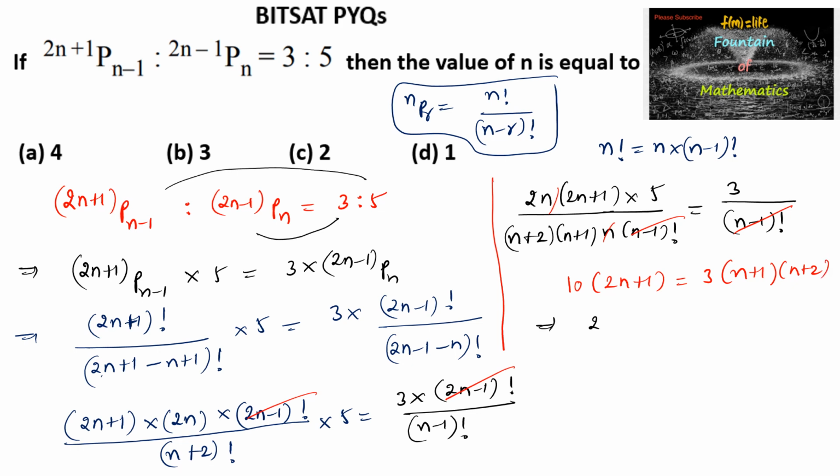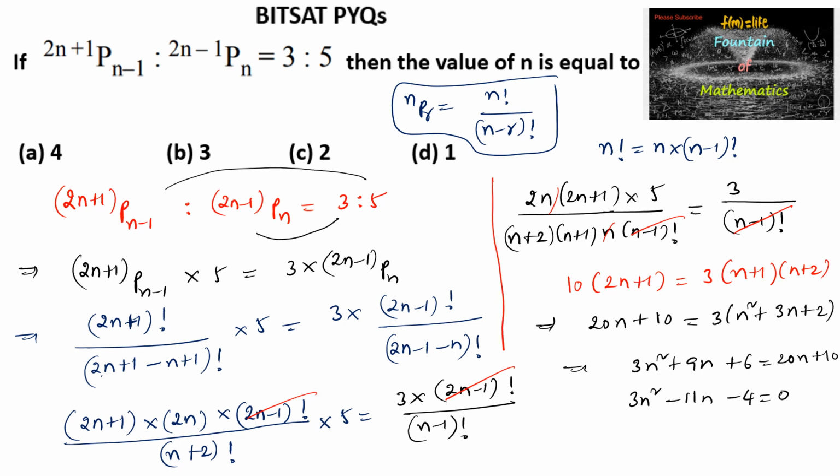which implies 20n+10 is equal to 3 times (n squared + n + 2n), that is 3n+2. So we can write 3n squared + 9n + 6 is equal to 20n+10. So 3n squared + (9-20), that is -11n, + (6-10) gives -4, is equal to 0. By factorization we can write 3n squared - 12n + n - 4 is equal to 0.